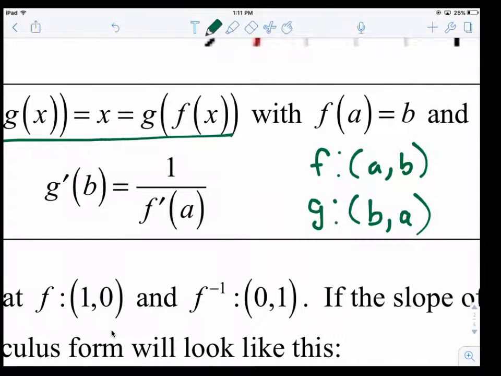So if I wanted to figure out the slope at this point right here, all I would have to do is figure out the slope of f at this particular point and then just figure out its opposite. So again, if I have a point here at, say, (1, 0), and the other point is at (0, 1), and if I know that the slope for my original function is, say, 2, then the slope here is going to be 1/2. They're just reciprocals. That's all.